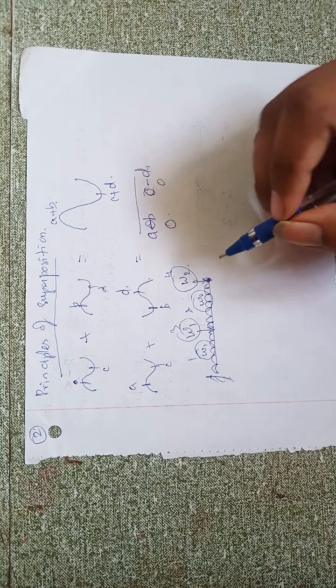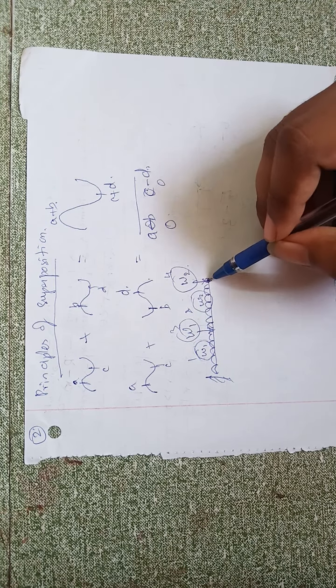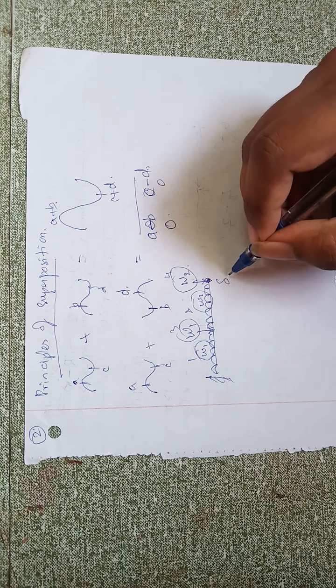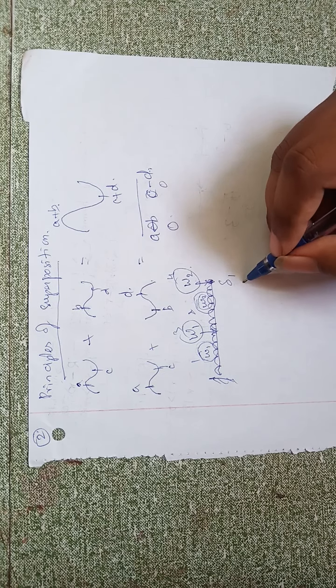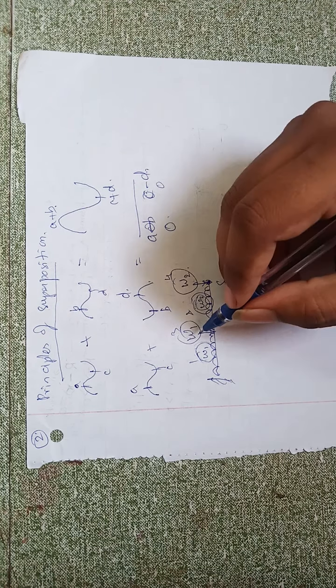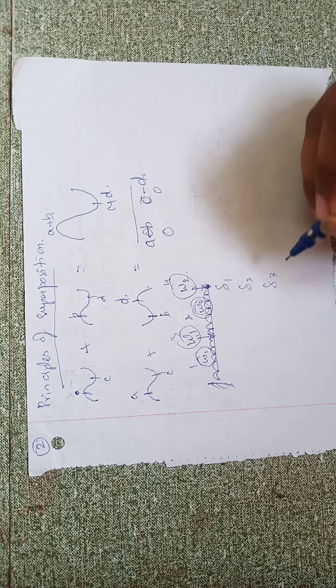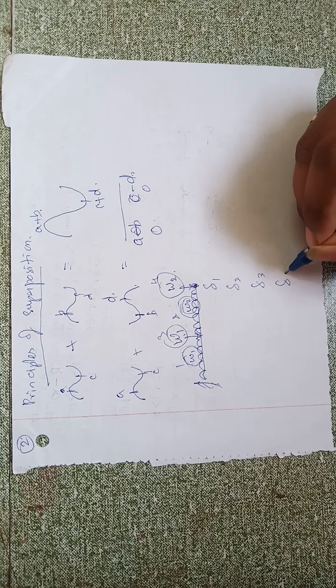At this end, you first apply only W1 and find the deflection, that is delta 1. Then apply W2 and find the deflection delta 2. Then W3, delta 3, and then W4, delta 4.